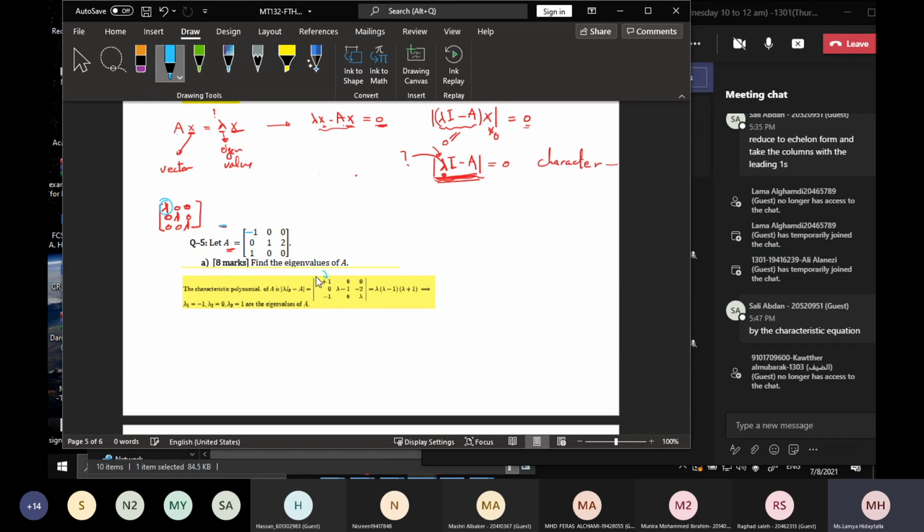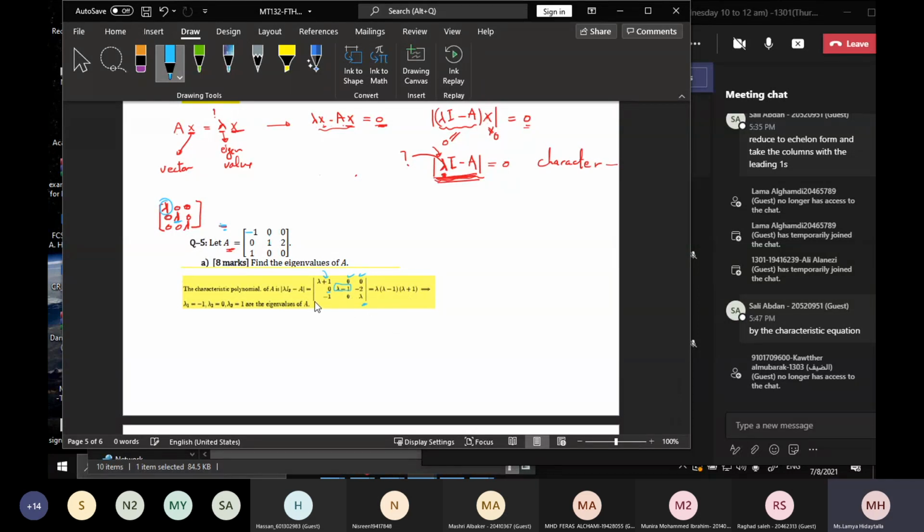Then 0 minus 0 is 0, and 0 minus 0 also 0, and then 0 minus 0 is 0, correct? And then lambda minus 1, and so on. And you complete it.